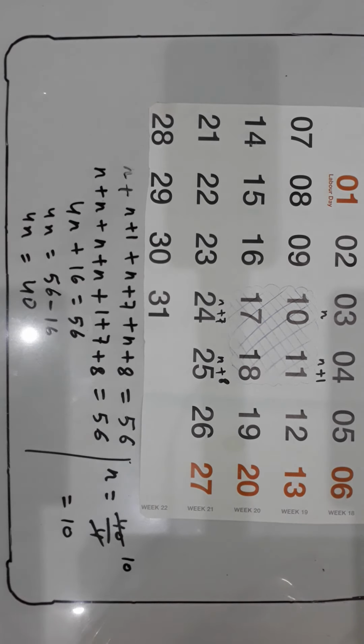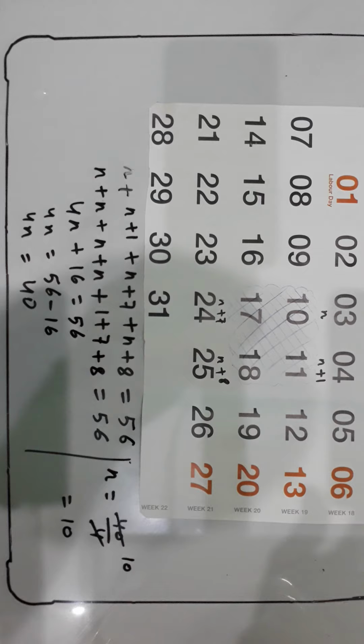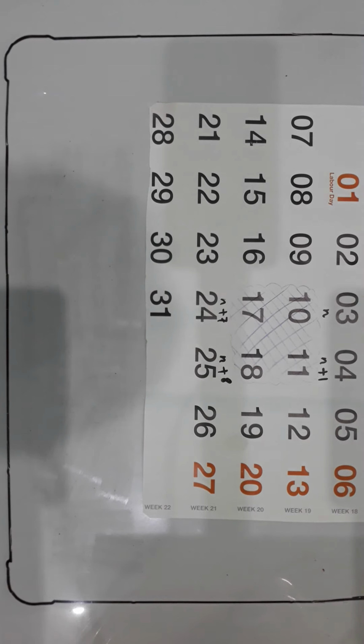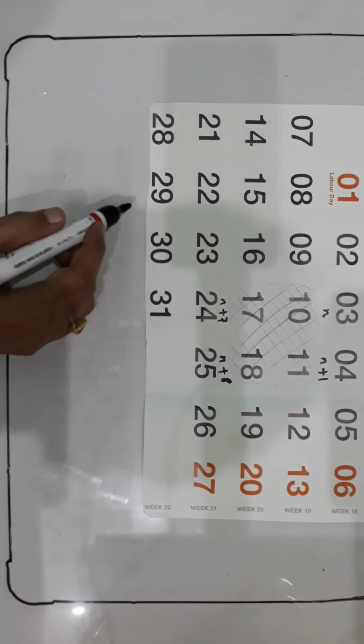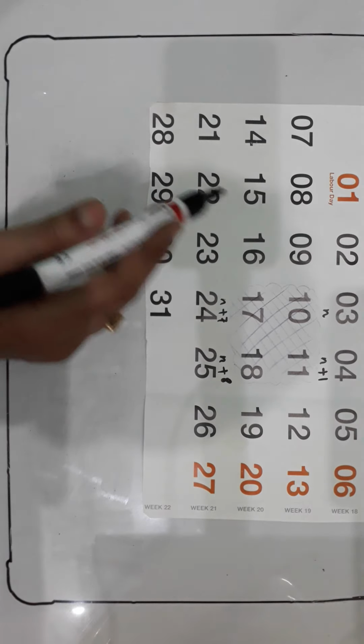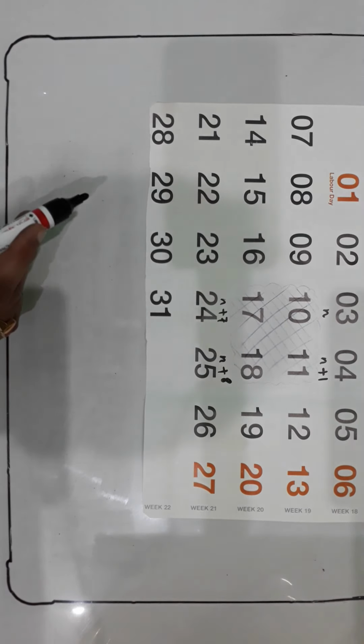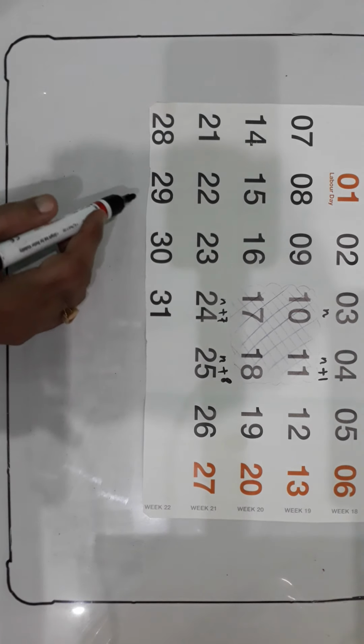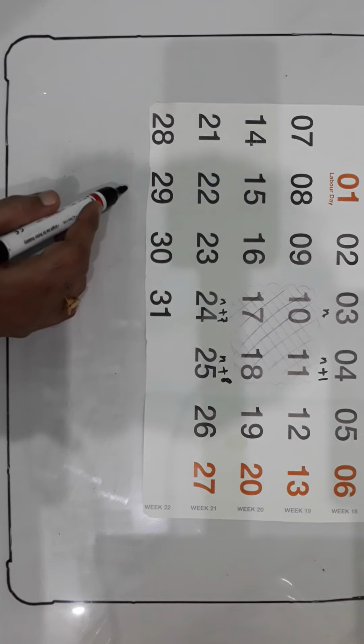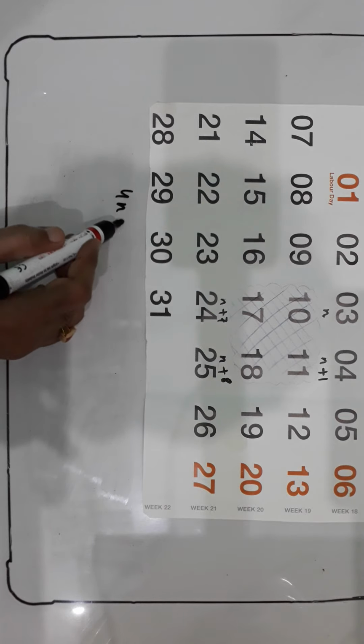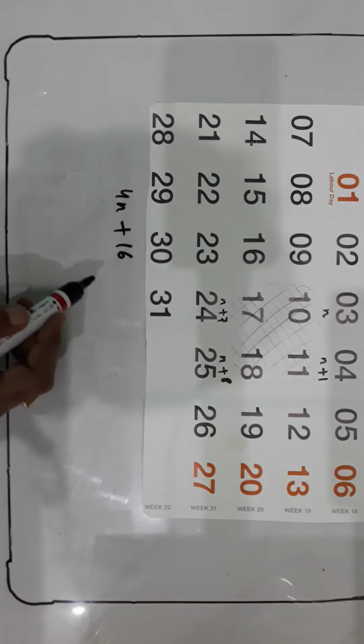What you people can directly do is that you can select it in this manner. So as it is said that the sum of those four dates is 20, and when you are taking these four dates in this manner, then always you will be getting it as 4n plus 16 every time.